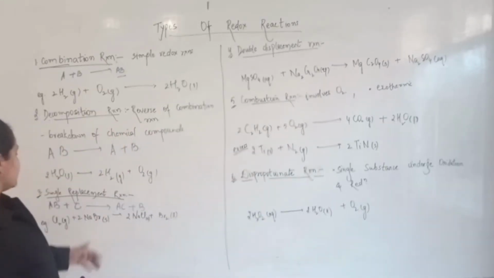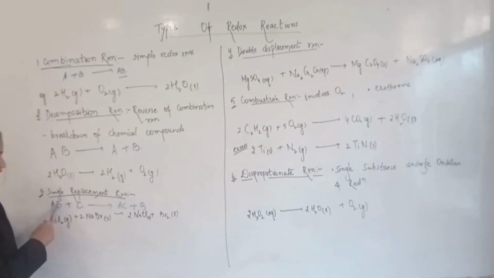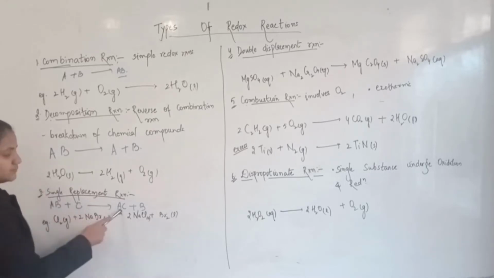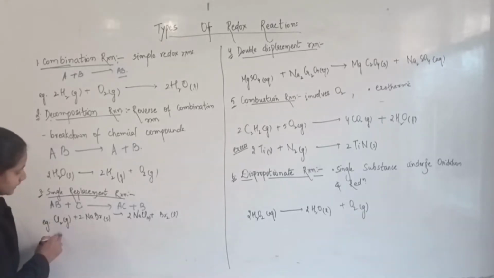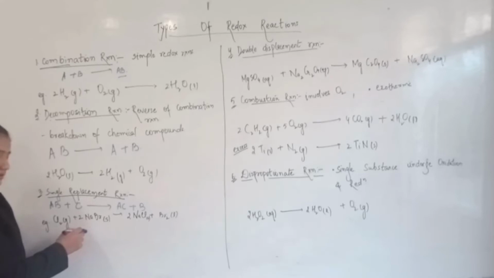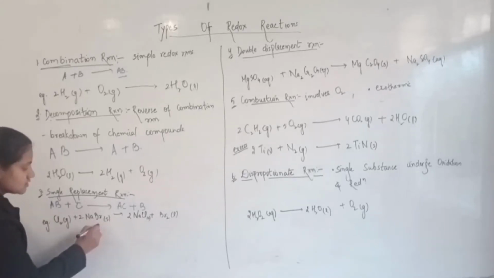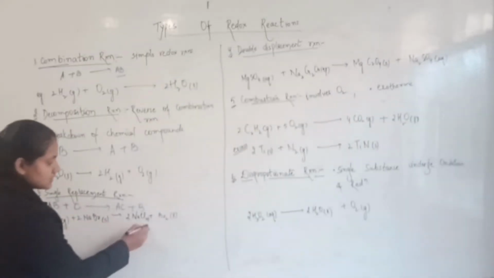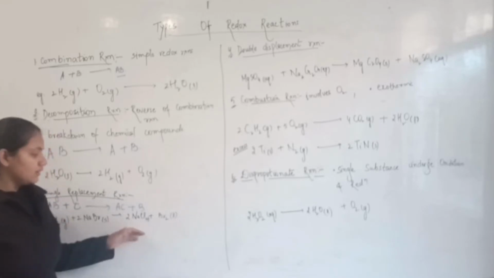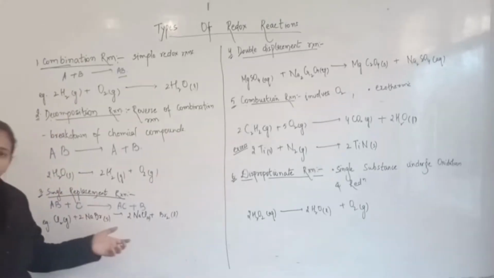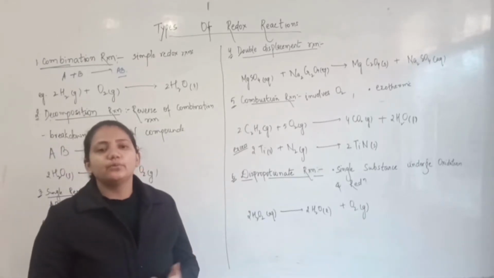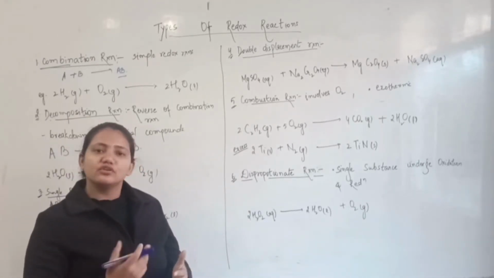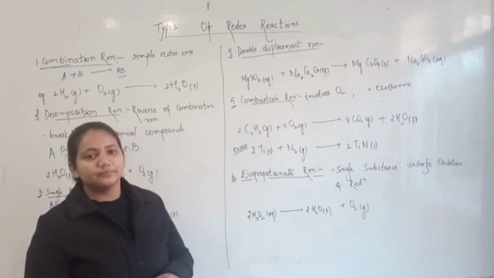It's just the combining of one of the elements of the reactants with the other in the products. Like when chlorine reacts with NaBr, sodium bromide, it displaces the bromide and combines to form NaCl. The basic idea behind this depends upon the reactivity series: whichever is more reactive will displace the other element.